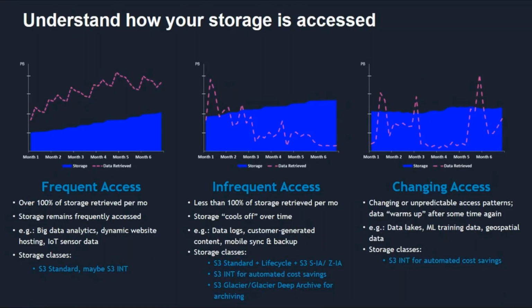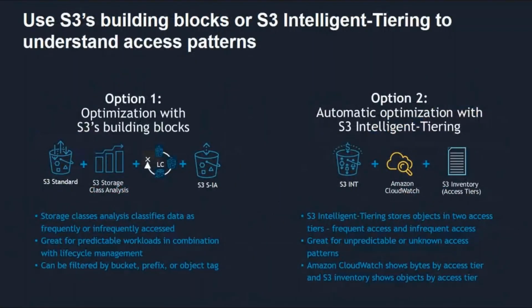So these processes are pretty important to how we look at data and how we use our ability to save over time. Taking a closer look at how Intelligent-Tiering would work, in option 1 on the left, we can look at our class of data, let's say it's in Standard, then understand through analysis how I might set up, as a user, the lifecycling of data to different classes.